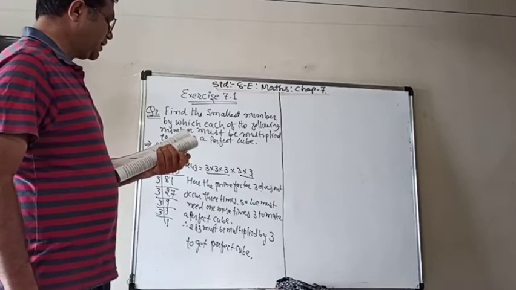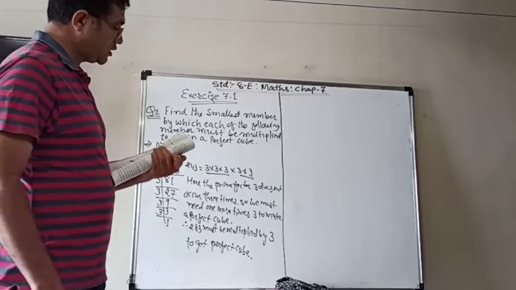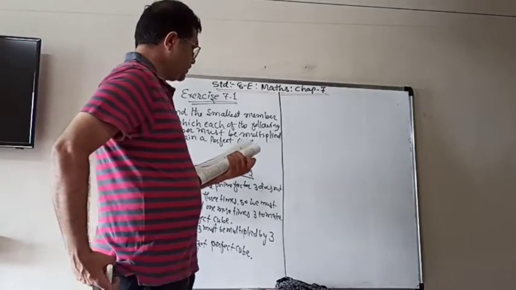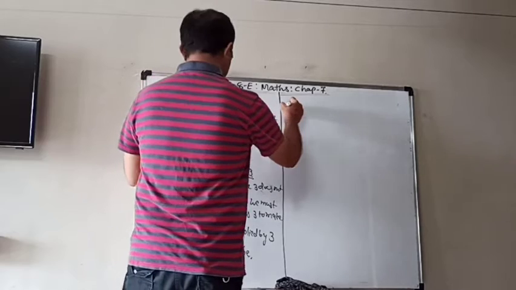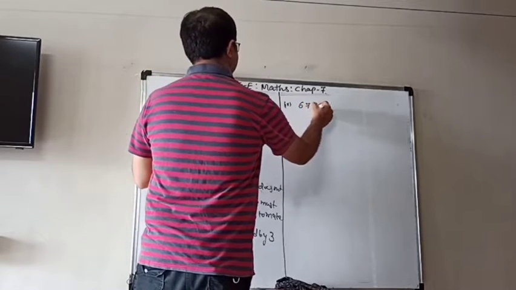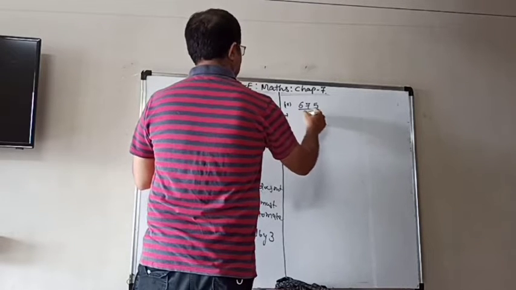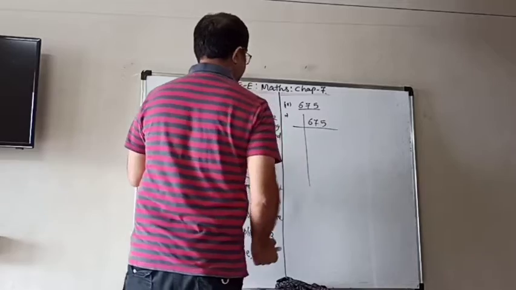Let's take another number, then the remaining you can do for your homework because you already know about it. Let's take a bigger number, 675. So let's find the prime factors.